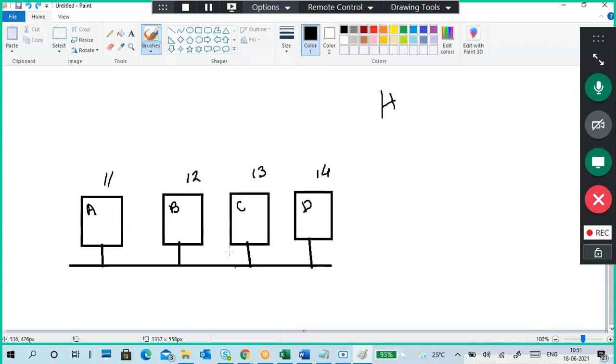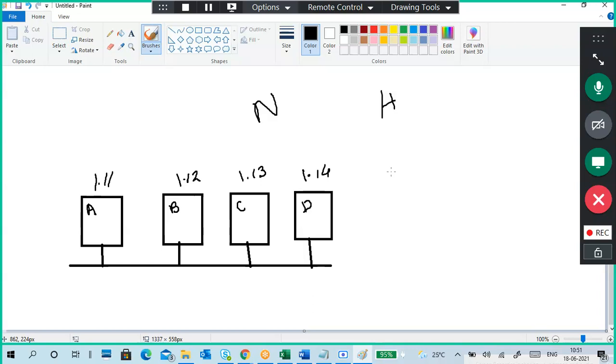Host identification. Next one is network identification. If you are in the same logical network, it means you have the same network address. Your network portion must be the same, which means you are in the same logical network.